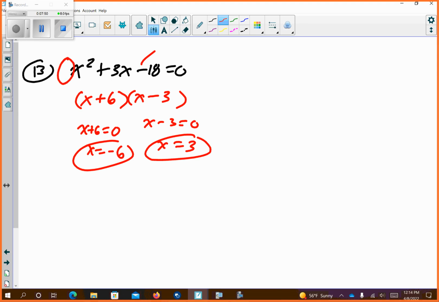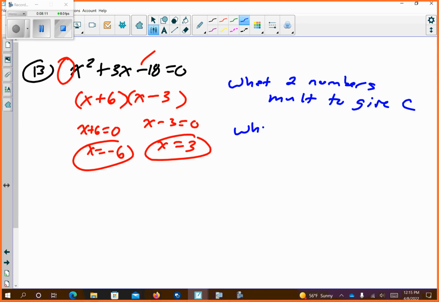If the number out front is a 1, if it factors, it's quicker to do that. So basically, when you do it this way, you say, what two numbers multiply to give the C value?